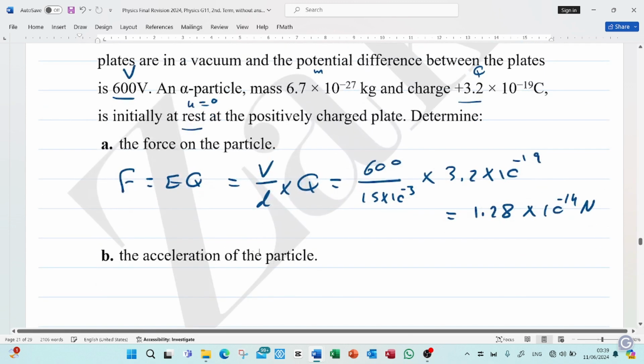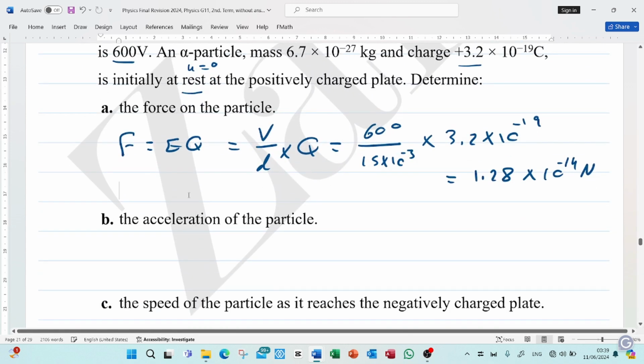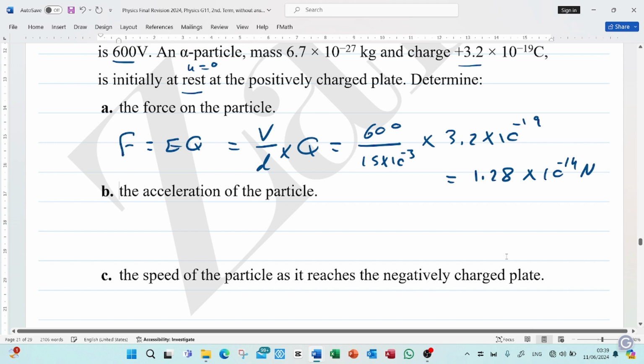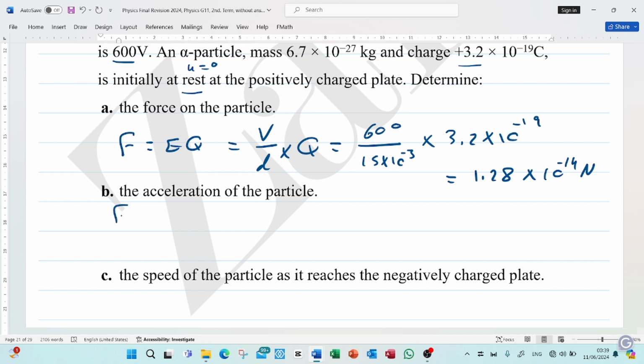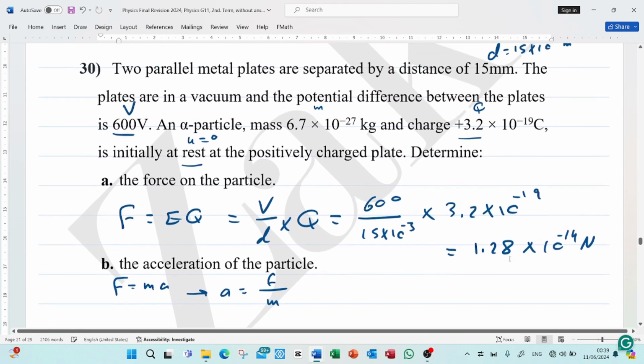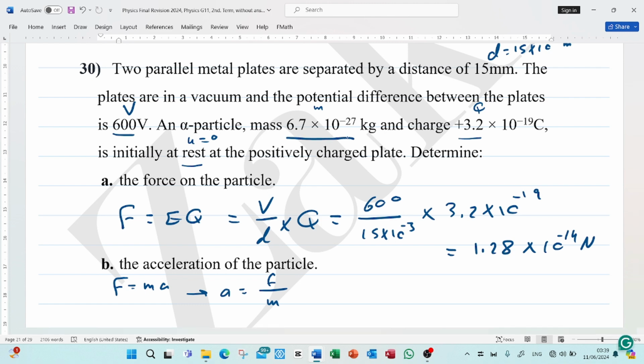Next question. The acceleration is related to the force: F equals ma. So the acceleration equals the force over m. M is the mass of the alpha particle, which is given here, 6.7 times 10 to the power negative 27.